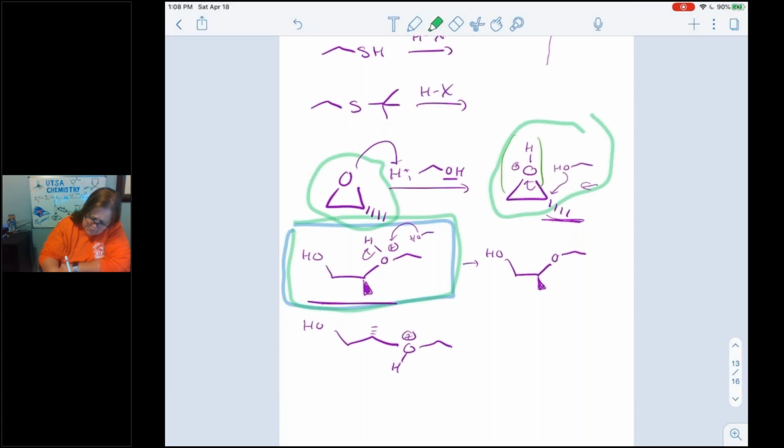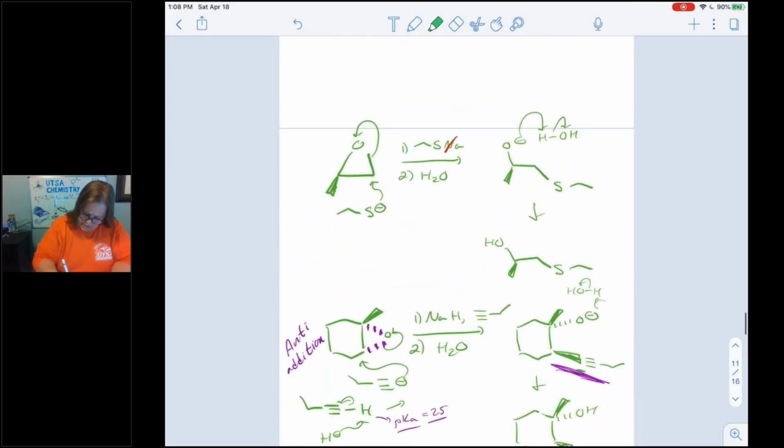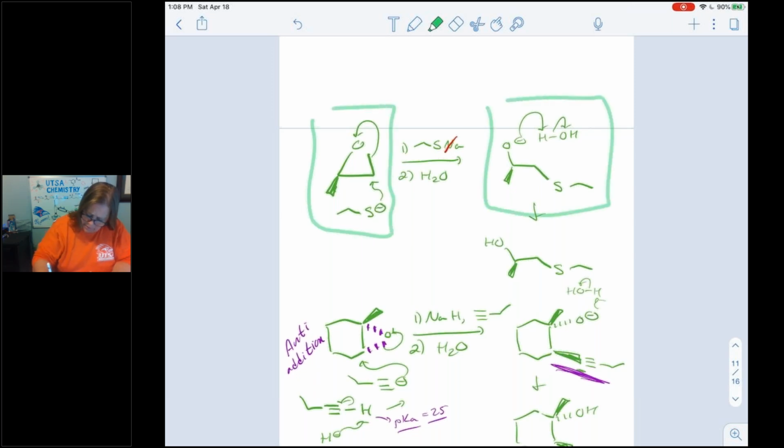And for this particular one, I have a deprotonation step. So it depends on what you have. Even under basic conditions, I have nucleophilic attack followed by a protonation step. So all of the epoxides are two steps minimum.